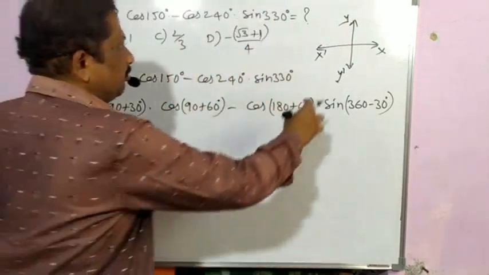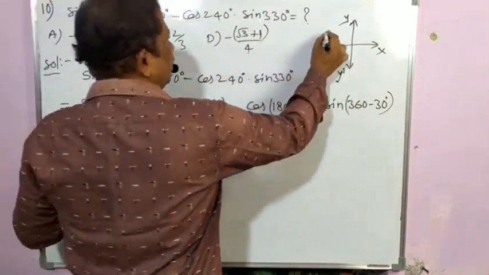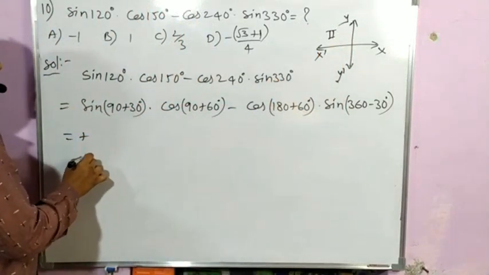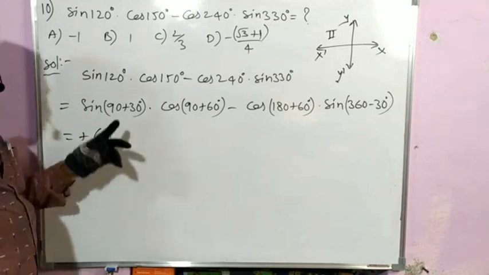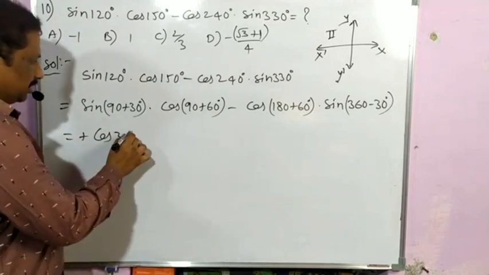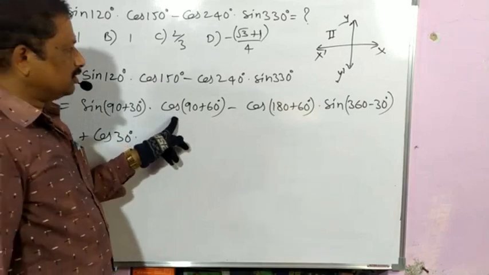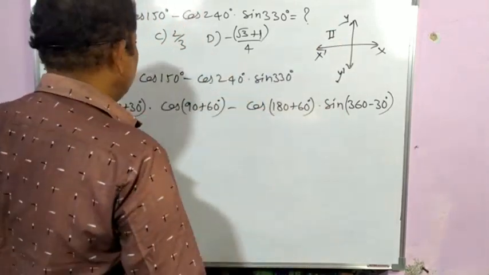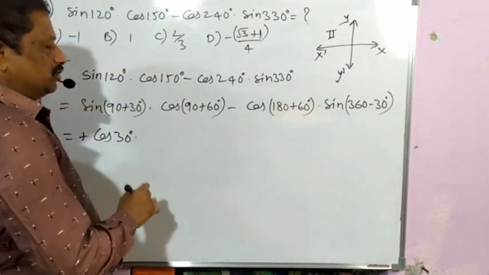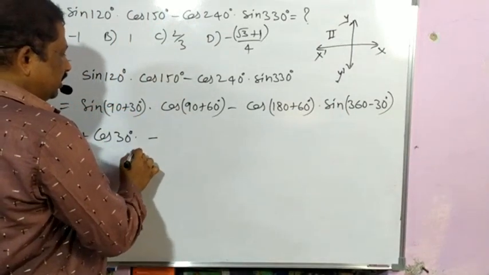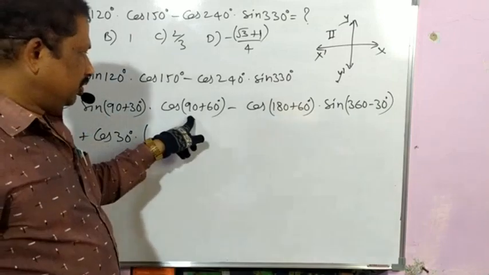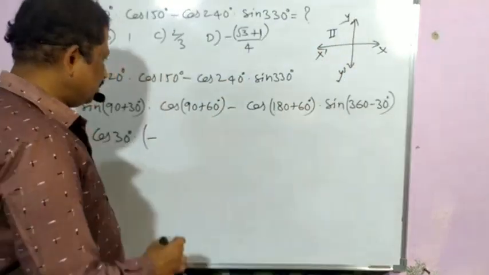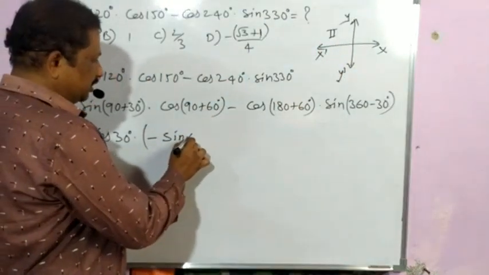So sine 90 plus 30 operates on the y-axis and falls in the second quadrant, where sine is positive, so plus comes, and the ratio changes: cos 30 degrees. Here cos 90 plus 60 falls in the second quadrant, where cos is not positive, only sine and cosecant, so minus will come, and the ratio changes because it operates on the y-axis: cos becomes sine 60 degrees.